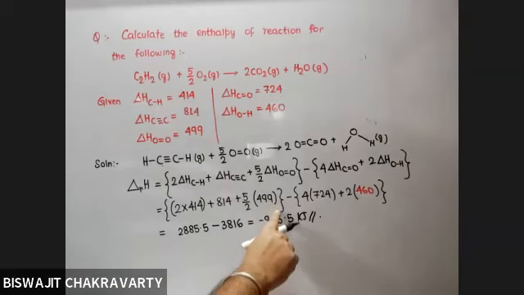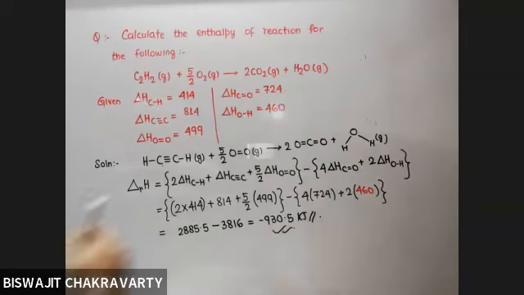In the book, it has been given to be minus 930.5. So 3816 minus 2885.5 we have to do, I think.